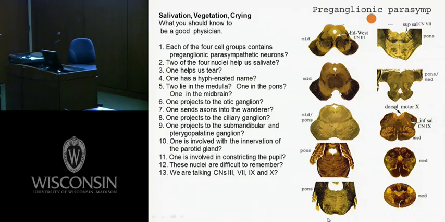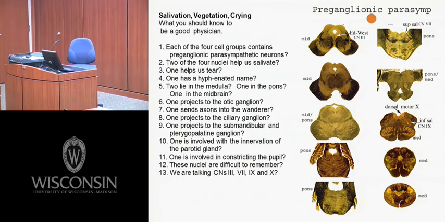Preganglionic parasympathetic. Is there anything more hated or dreaded or more vilified than the poor preganglionic parasympathetics? I don't think so. Even my lifelong friend, Dave Van Lieshout, when he first was learning his neuroscience, had trouble with the preganglionic parasympathetics.